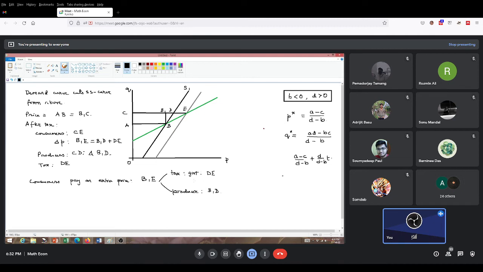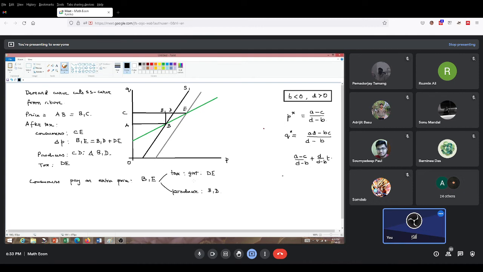So this you can say is the opposite. If the demand curve cuts the supply curve from below, then the producers are hit very badly. But if the demand curve cuts the supply curve from above, then it is the consumers who are hit very badly. In both cases, only one person has to pay the entire tax and also part of the price burden.